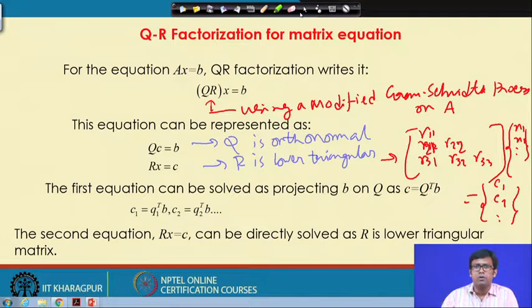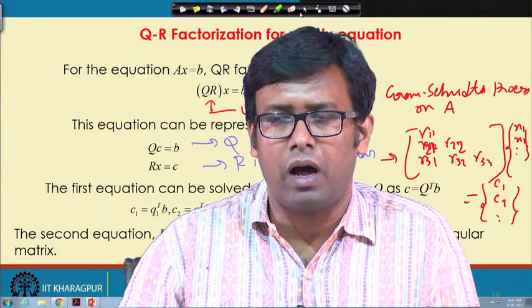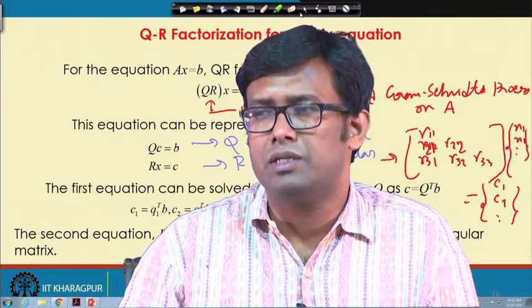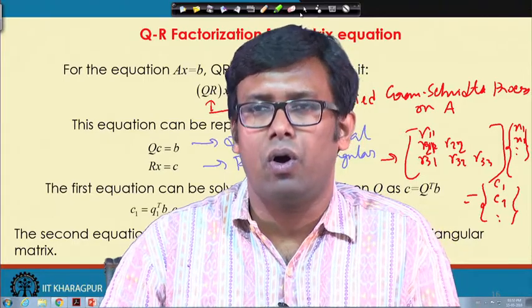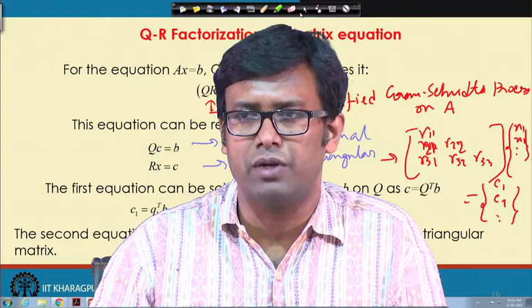So the equation Ax = B, for any rectangular or square matrix, becomes easily solvable. Other than Gauss elimination and Gauss Jordan, the third one we discussed was LU decomposition, or TDM.